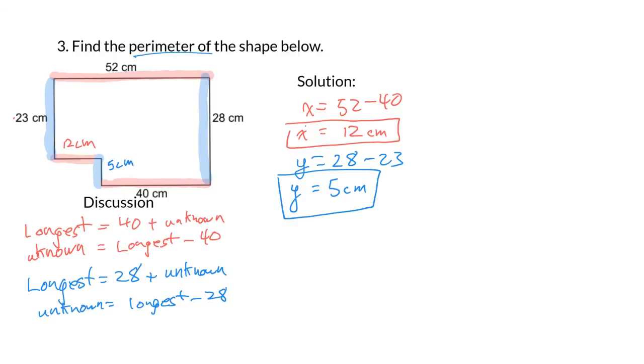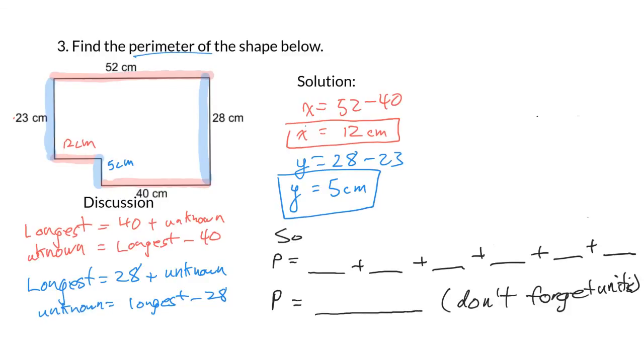Find the perimeter. I'll give you a scaffold. So you're going to start with this and then fill in the blanks. And then you're going to have P is equal to something. And don't forget the units.